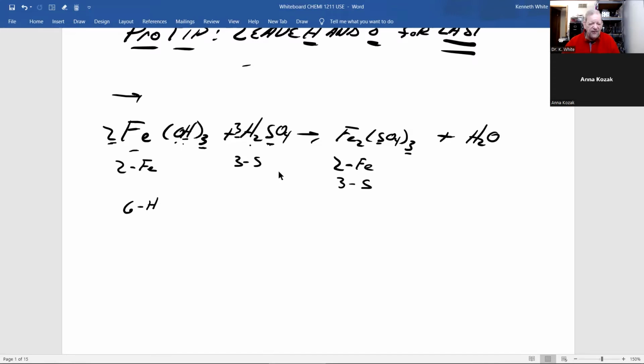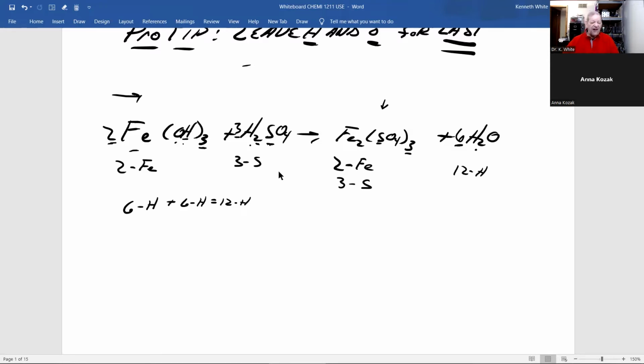And then 3 times 2 plus 6 hydrogen, the other molecule. And that adds up to 12 hydrogen. On this side, well, there's no hydrogen there, but there's 2 here. How do I get that to 12? Well, you can't change the 2, but you can change the coefficient. 6 times 2, 12 hydrogen.